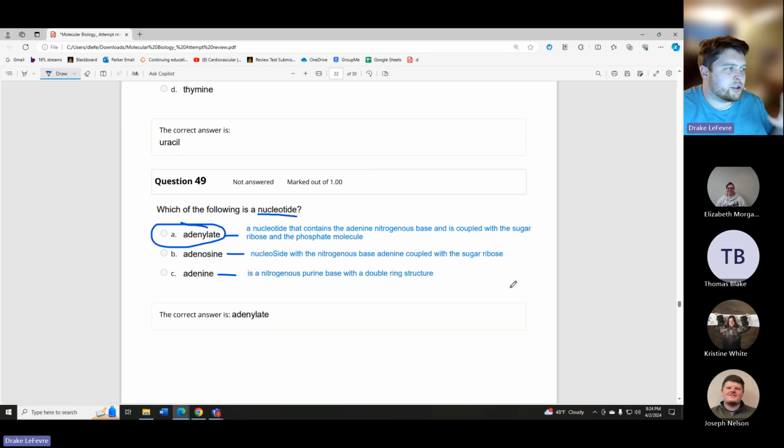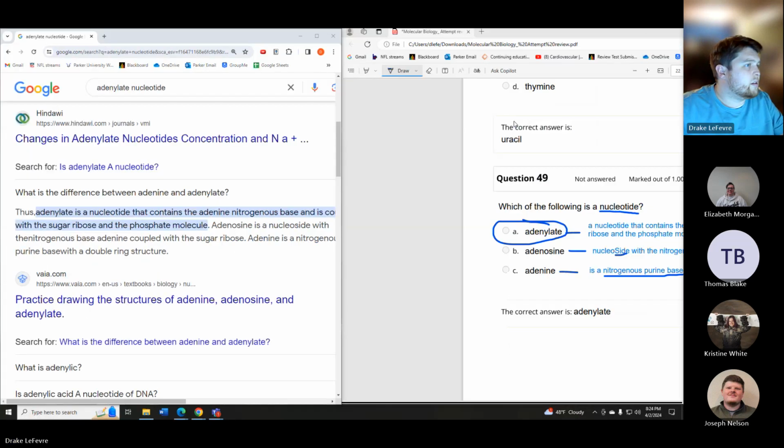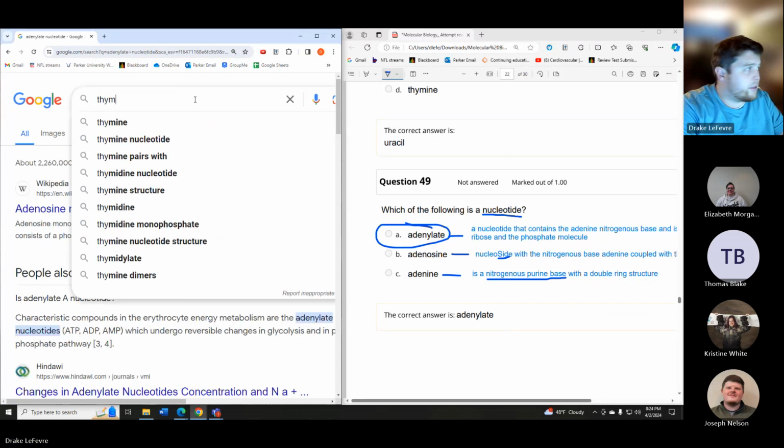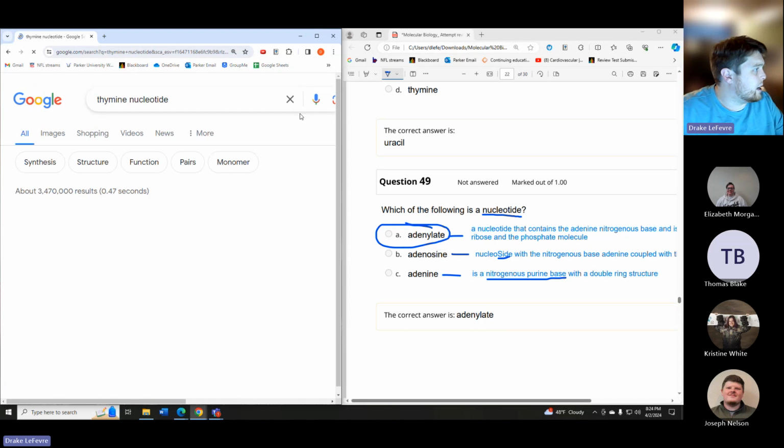The nucleotide has the sugar ribose and the phosphate molecule. The nucleoside just has the sugar ribose. And the adenine is just the nitrogenous purine or pyrimidine. So we want to look at that as also a nucleotide of DNA. Let's see if we can find the appropriate answers for these other ones as well. So thymine, nucleotide.